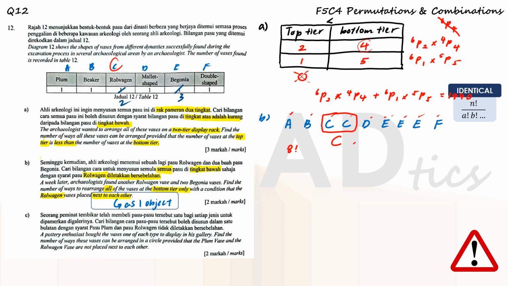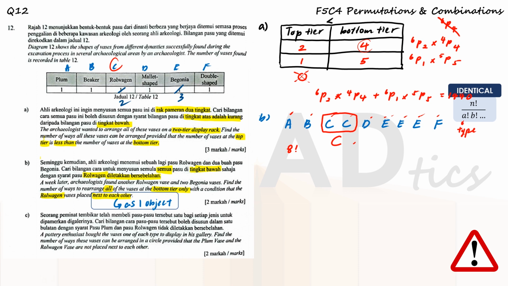As we know, for identical letters, we need to divide our current number of arrangements by these factorials. The number of factorials depends on how many types of objects are identical.